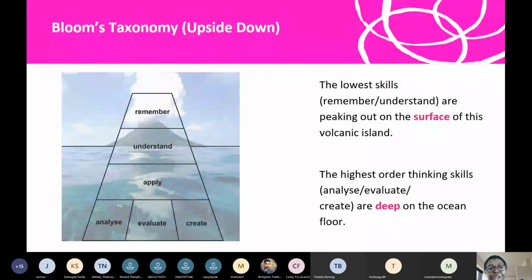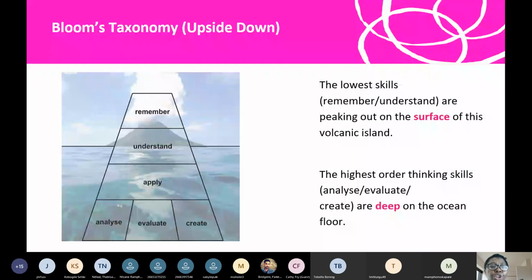The beauty of education is when the learners are able to remember, to understand, to apply, to analyze, to evaluate, and to create. If learners are able to do that, then we understand that they grasp the core skills of critical thinking and problem solving.